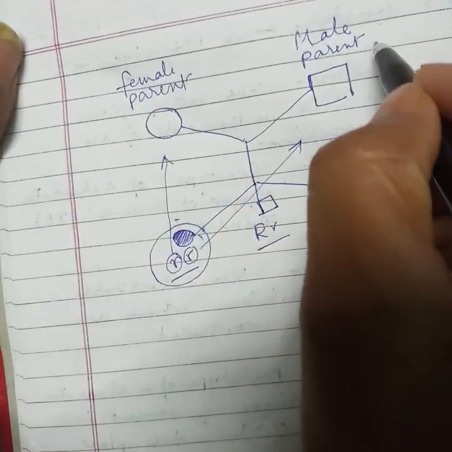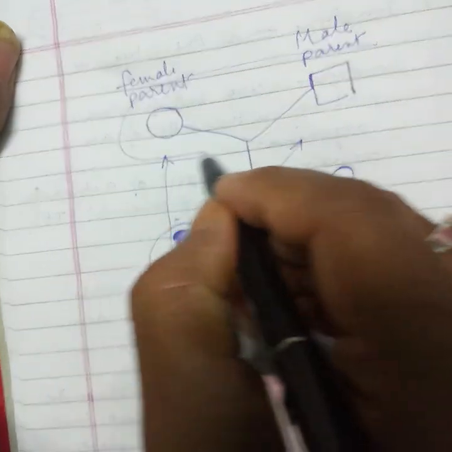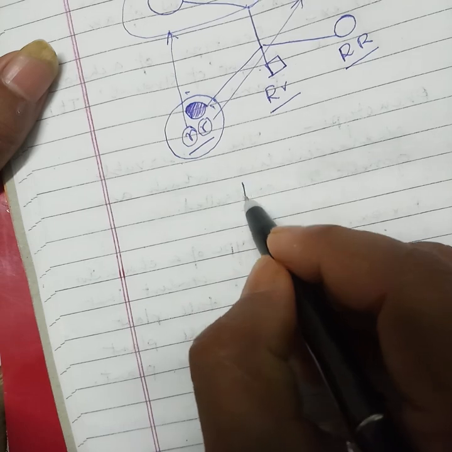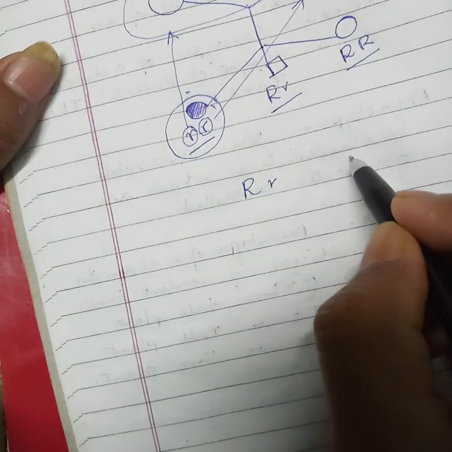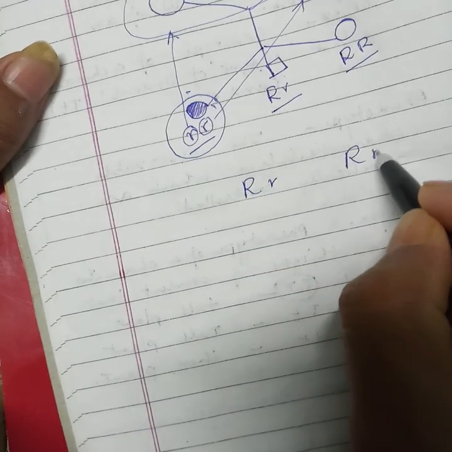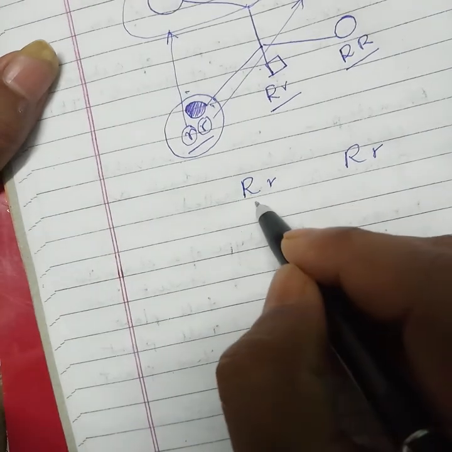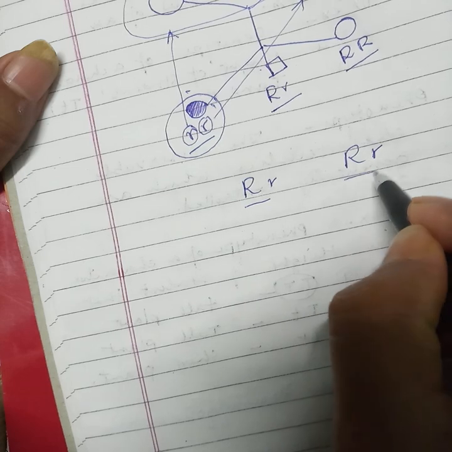So what will be the genotype of these two parents? The genotype of these two parents must be heterozygous dominant.